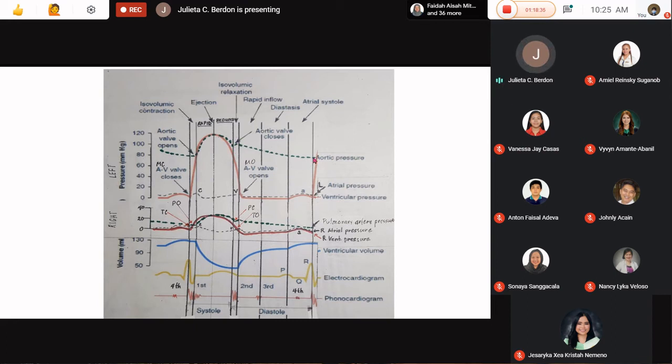At this time, since the aortic valve is closed, all of your valves are now closed.